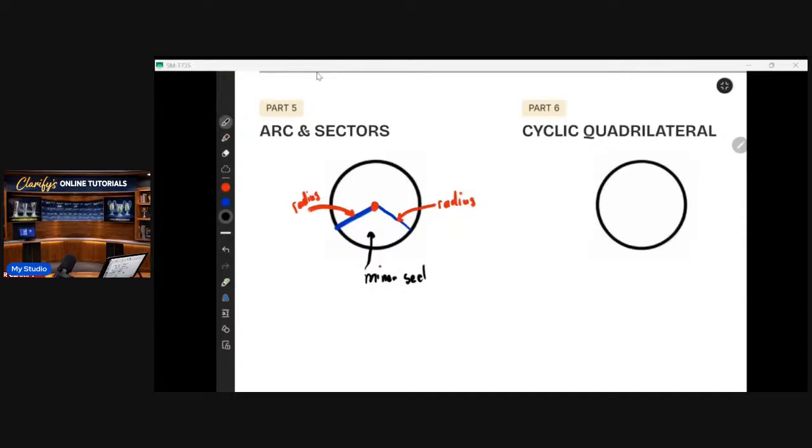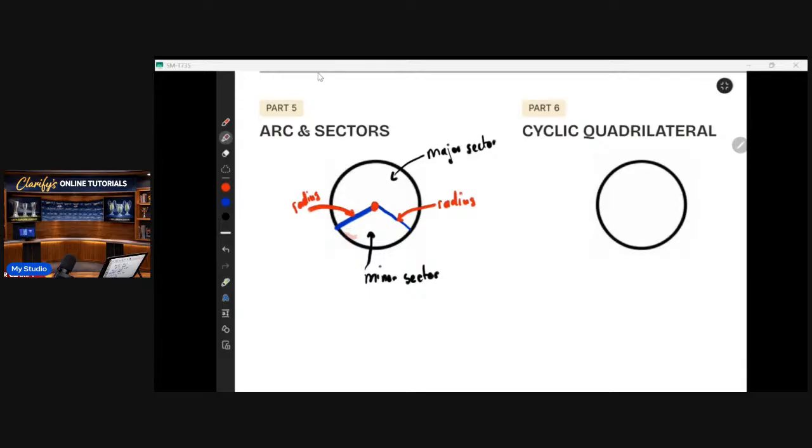So this is the minor sector. Remember, minor means smaller. Then the larger piece, which is here, is called the major sector. This is the major sector, students. Don't let me down. Okay, so we've seen sectors. They are made by radii. It's a nice piece of pizza. Those are sectors. All right.